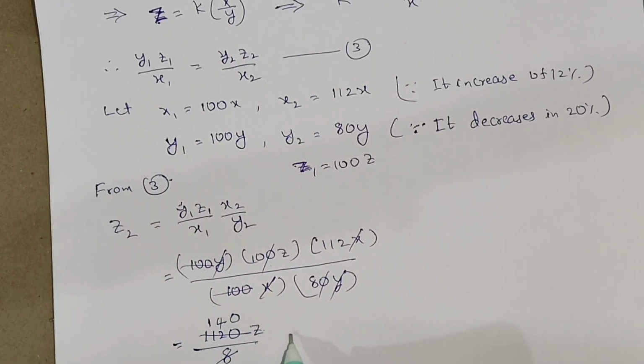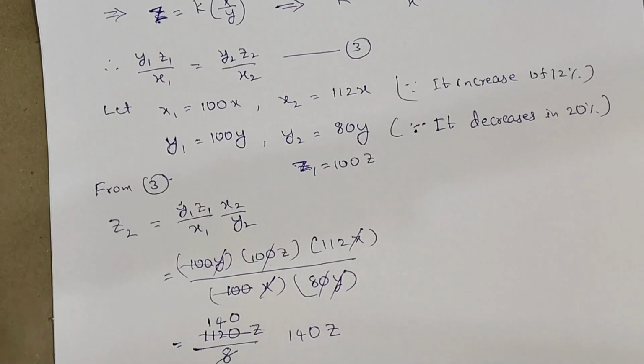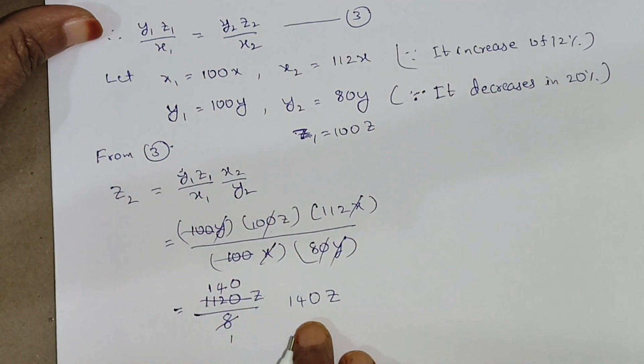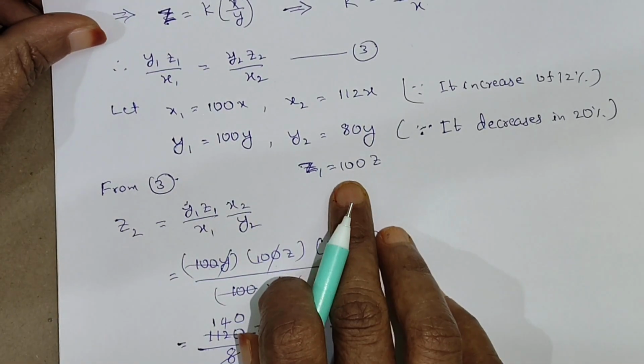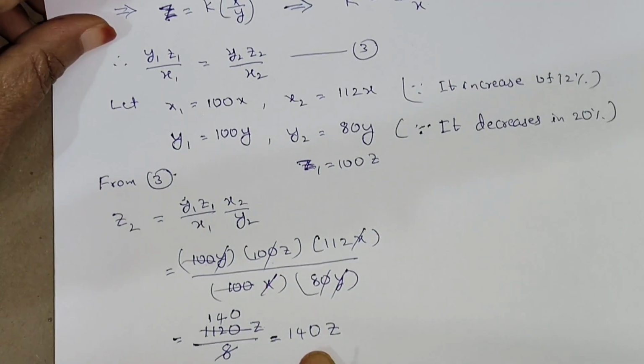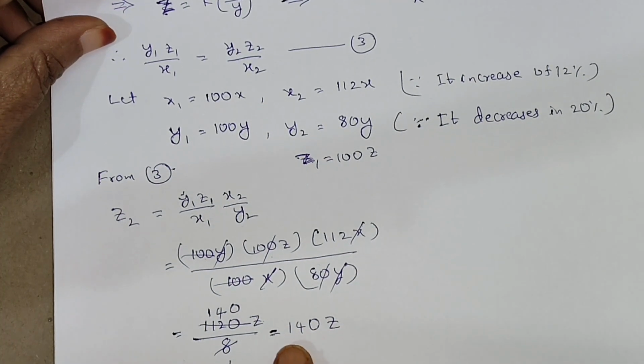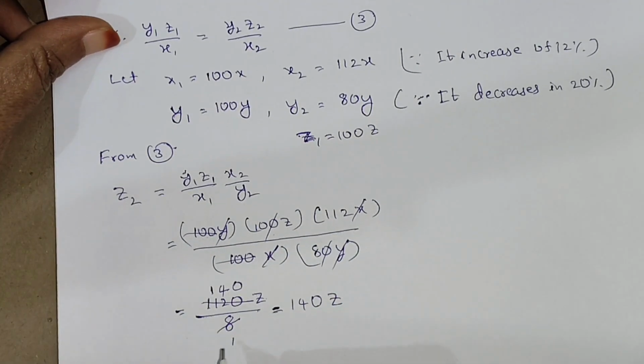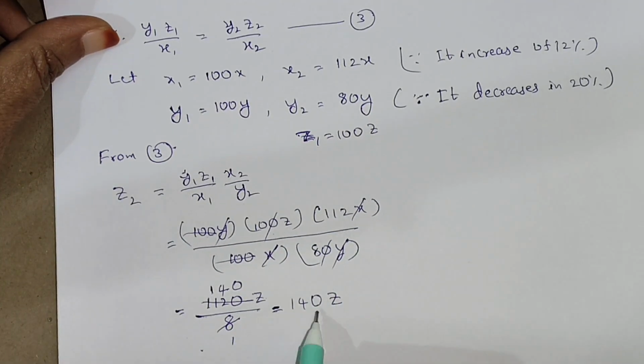So 140 Z. Already we take Z as 100, so 140 means 40% is increased. So Z2 equal to 140 Z.